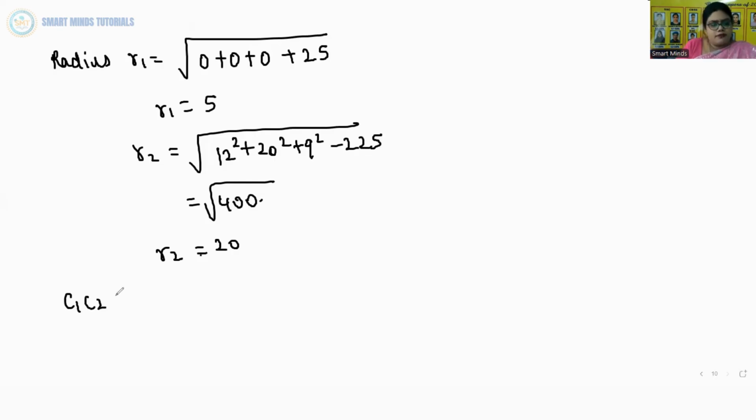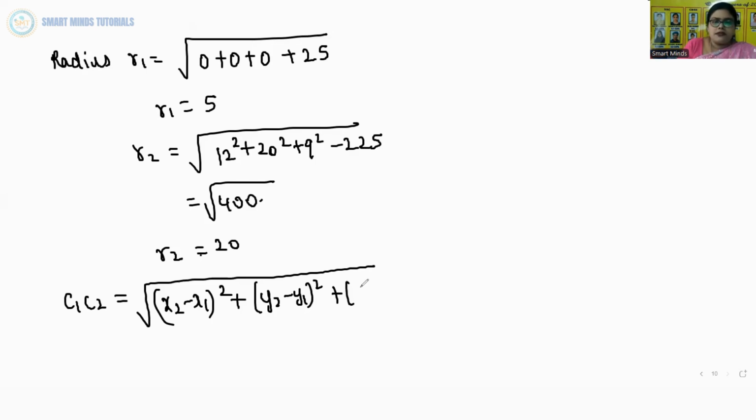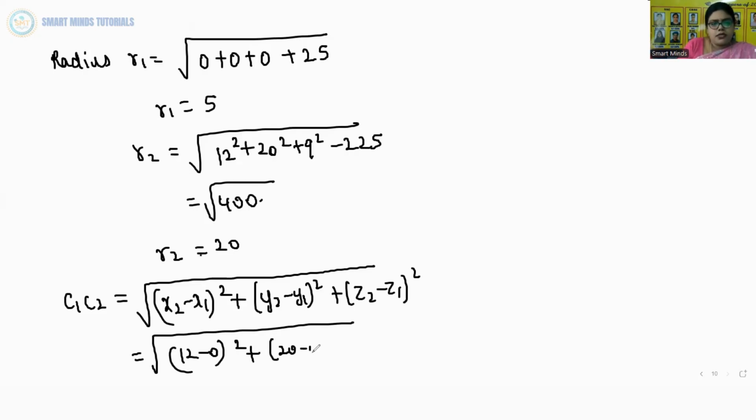Now we find C1C2, the distance between the two centers. What is the distance formula? Root over x2 minus x1 whole square plus y2 minus y1 whole square plus z2 minus z1 whole square. So that is root over 12 minus 0 whole square plus 20 minus 0 whole square plus 9 minus 0 whole square.